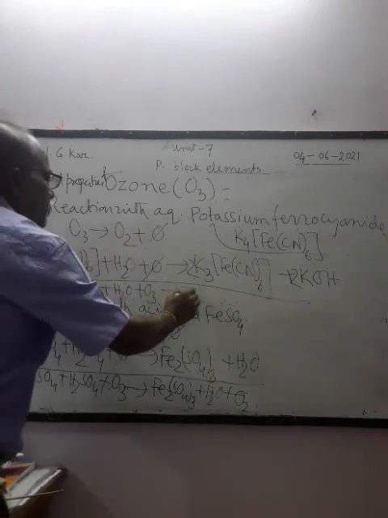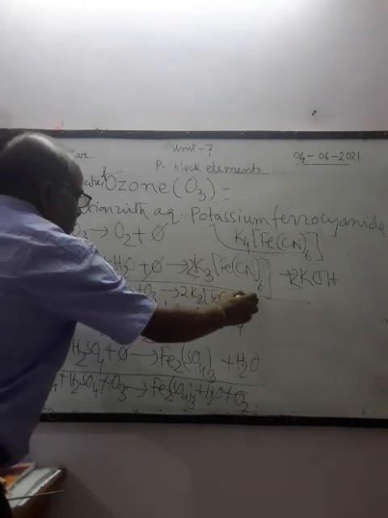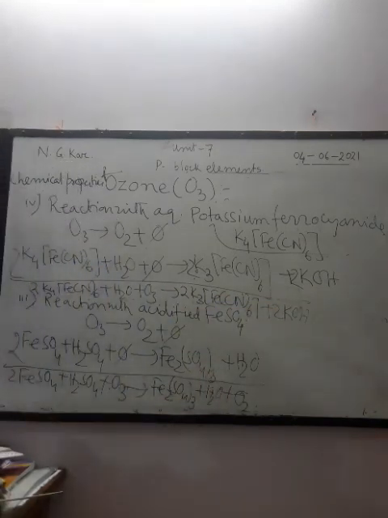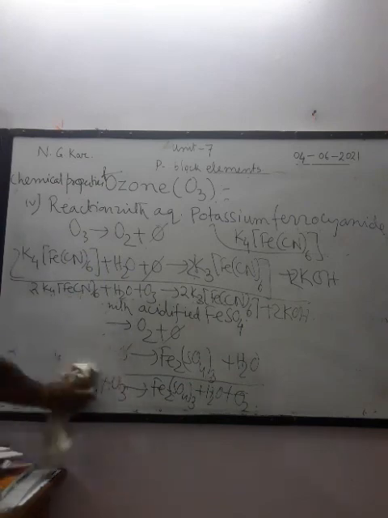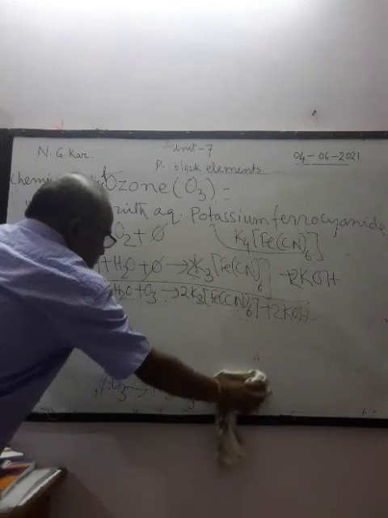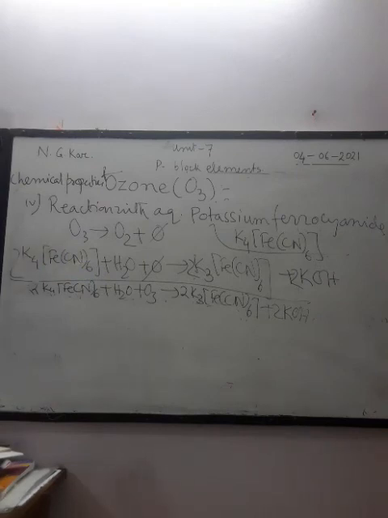Product: twice K3Fe(CN)6 plus twice KOH. So when ozone is allowed to react with aqueous potassium ferrocyanide, it is converted to potassium ferricyanide.